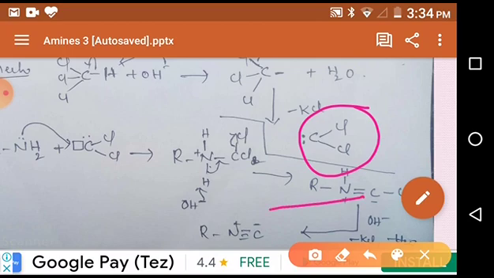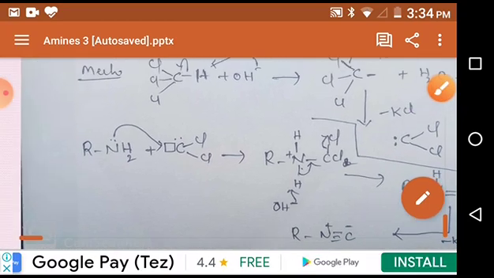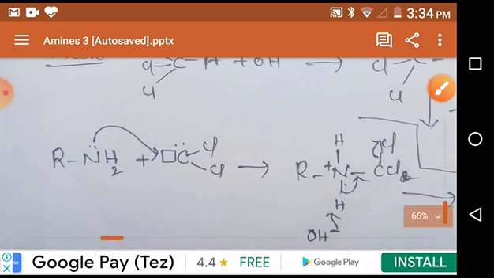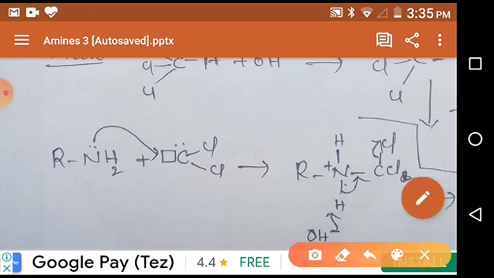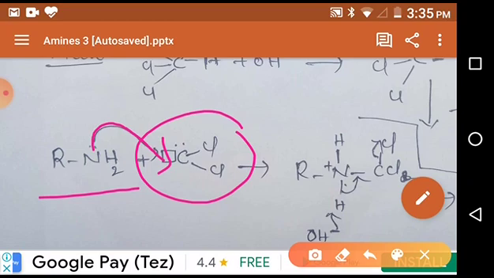It is a reactive intermediate. In the presence of an amino group, nitrogen in the amine has an electron pair. This electron pair is donated to the dichlorocarbene. This is an acid-base reaction. An electron pair donor is a base, and an electron pair acceptor is an acid. Why does it accept electrons? The dichlorocarbene has a vacant orbital.